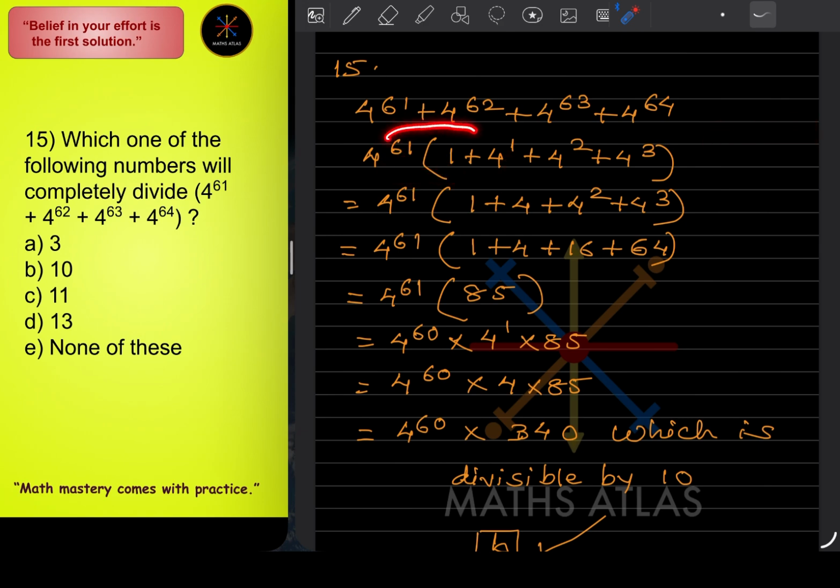Again, we take 4^61 common, plus 4^1. There is a rule in exponents: a^m times a^n is a^(m plus n).